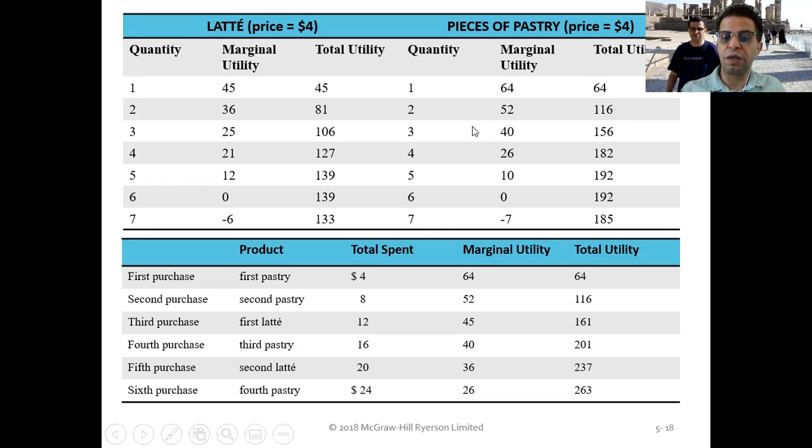So we go with a pastry. So the third purchase was a latte. The fourth one is pastry because we are spending $4 each time. And here we got 64. So we wanted to maximize our total utility by selecting the higher marginal utility in each case.